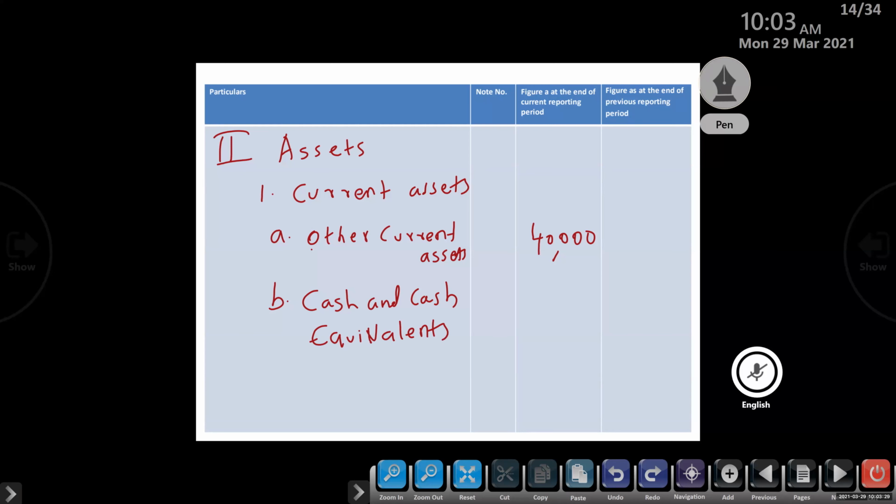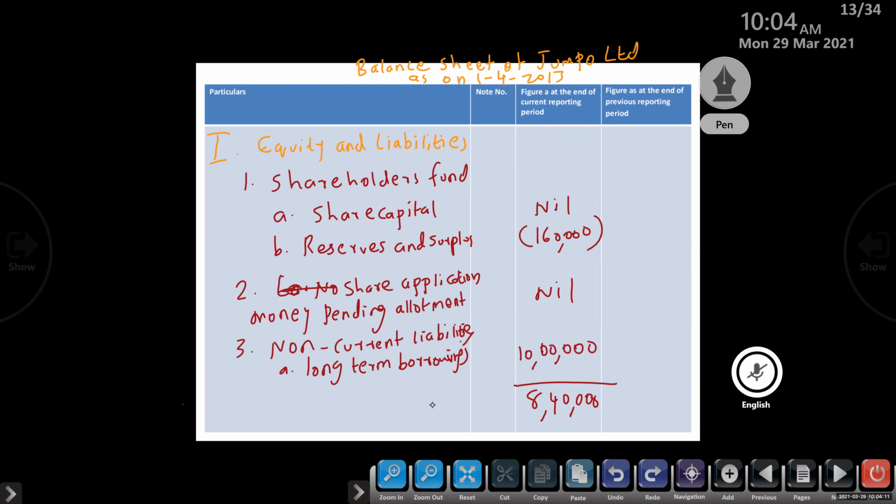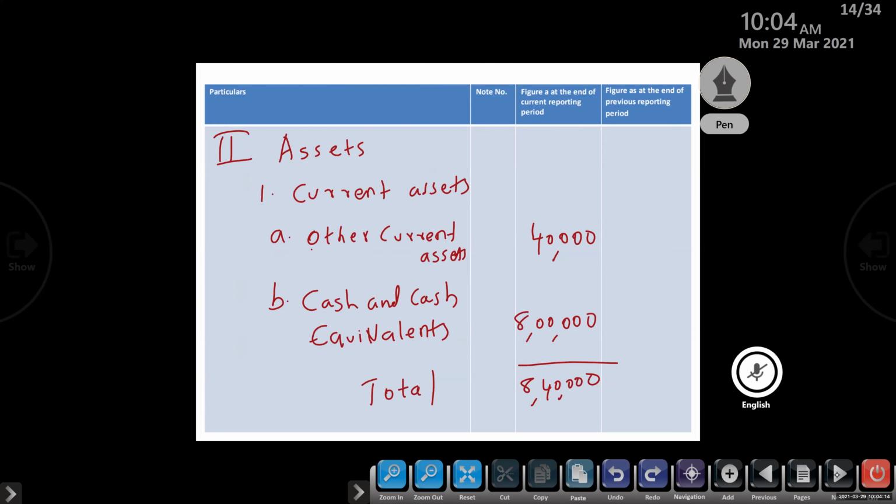That amount we get in cash, 8 lakh. Okay, so the format of the balance sheet is over.